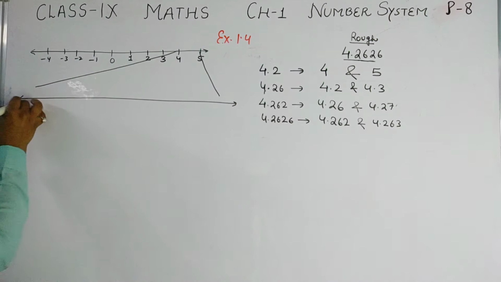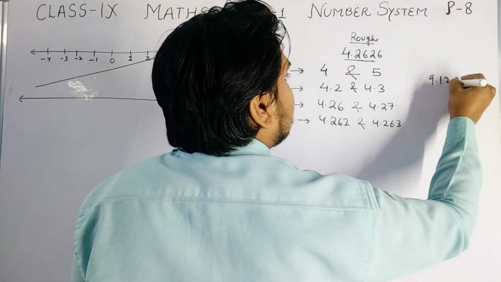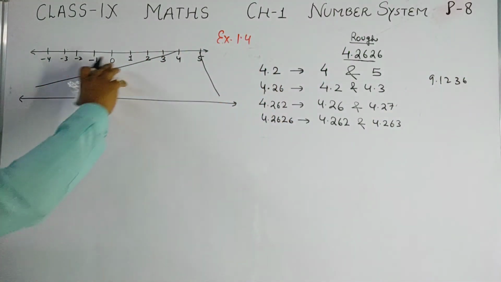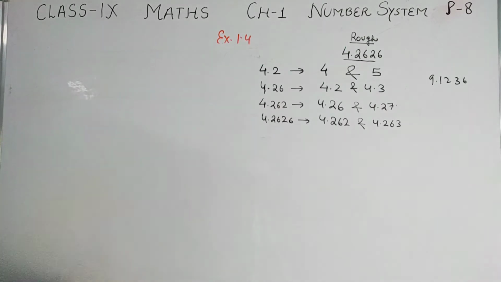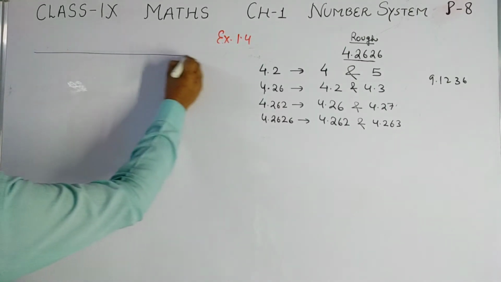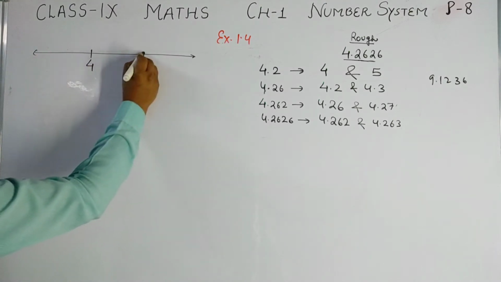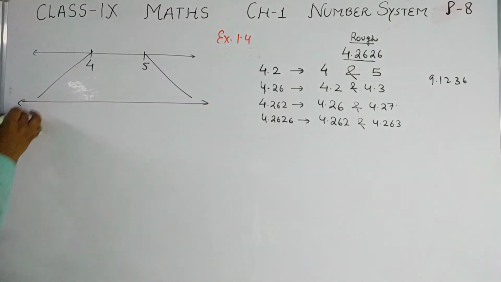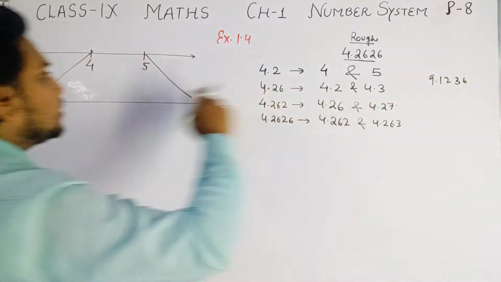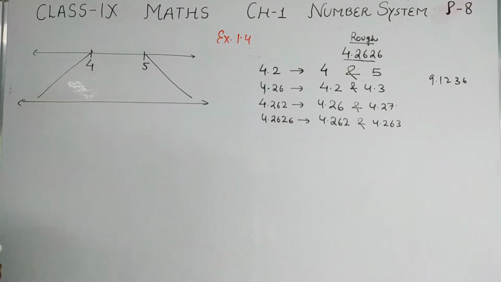See, do not get confused, students. If the number given is like 9.1236, you need not write all the numbers, 0, 1, 2, 3, 4, 5 and 6. If someone starts from here, with 4 and 5, and then divides it into 10 equal parts, that is also correct. Because if the number is large like 9.1236, it doesn't mean you have to write all the numbers. If you have written only 4 and 5, that is also correct.